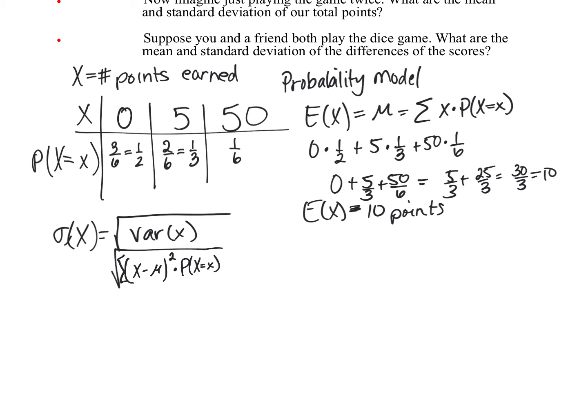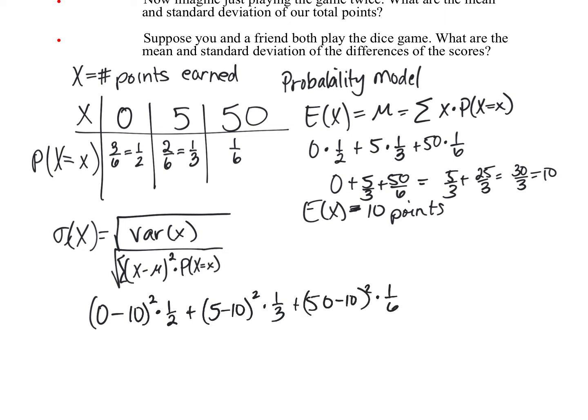So we take our first x value, 0, minus my expected value of 10. We square it, and we multiply it by the probability. And then we add it to the next one: 5 minus 10 squared times 1/3. And then 50 minus 10 squared times 1/6.